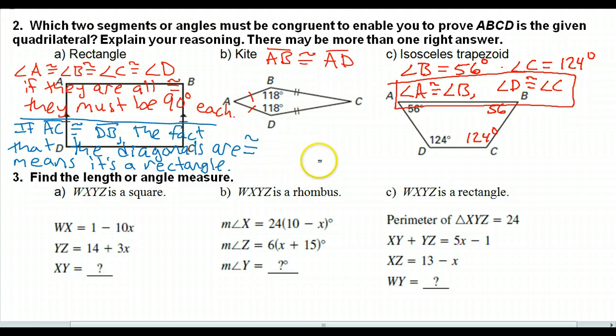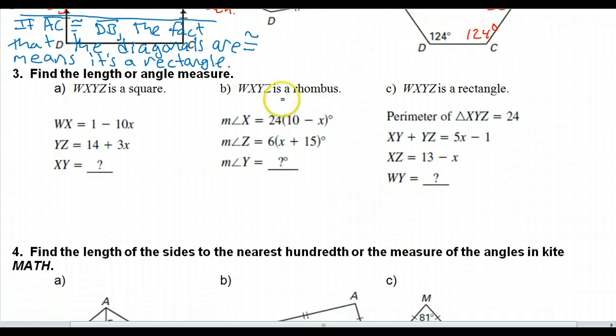Okay, find the length or angle measure. WXYZ is a square. If I were you, I would draw that. Okay, so there's our square. So this is WXYZ.